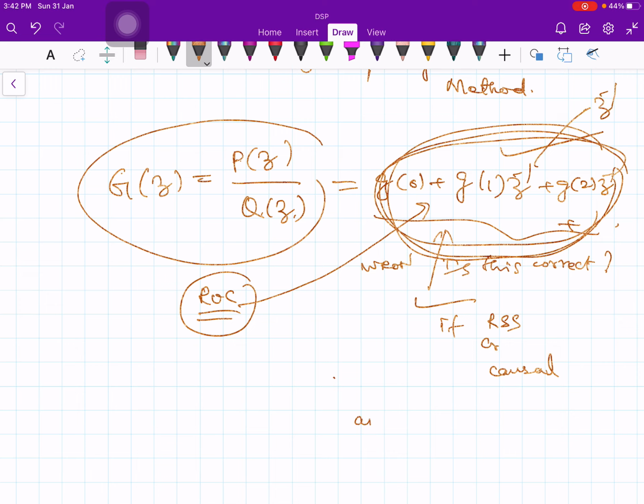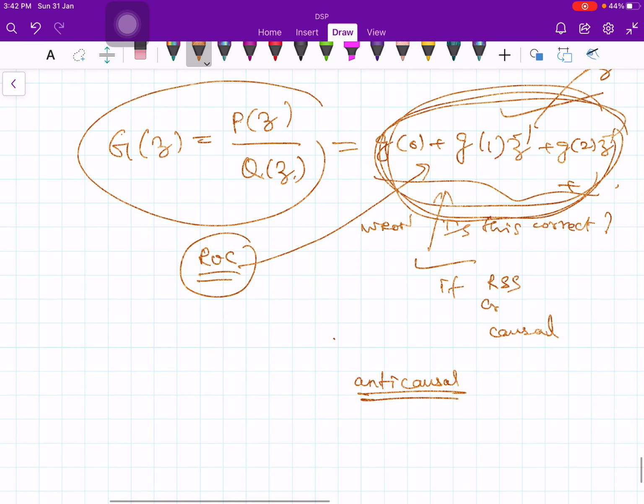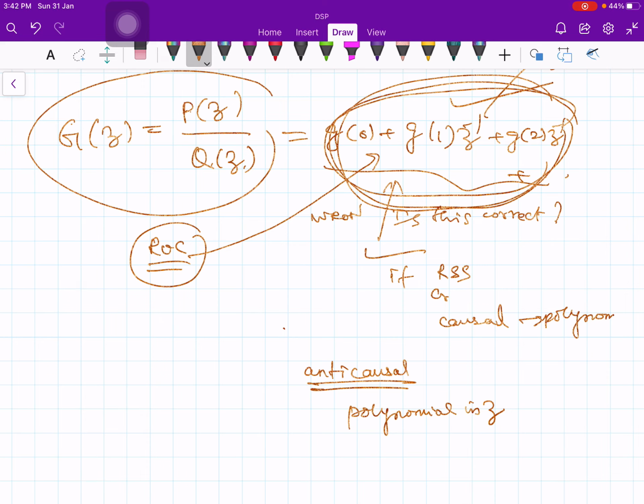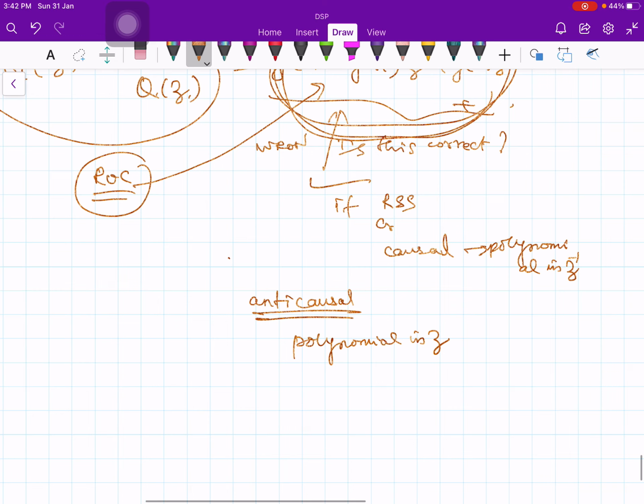If it is anti-causal, then the polynomial is in Z. If it is causal, the polynomial will be in Z inverse, or you can say right-sided sequence, and here you can say left-sided sequence.